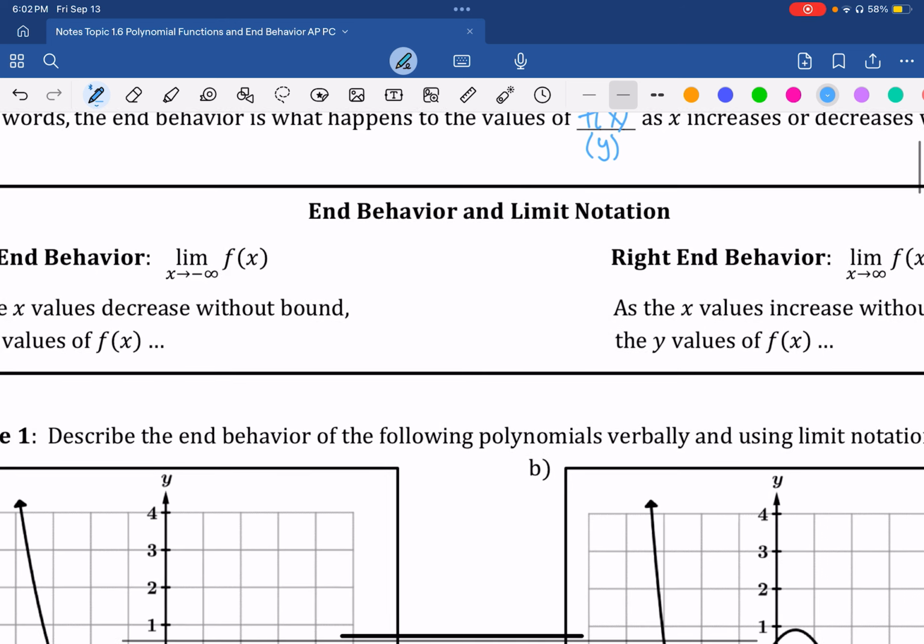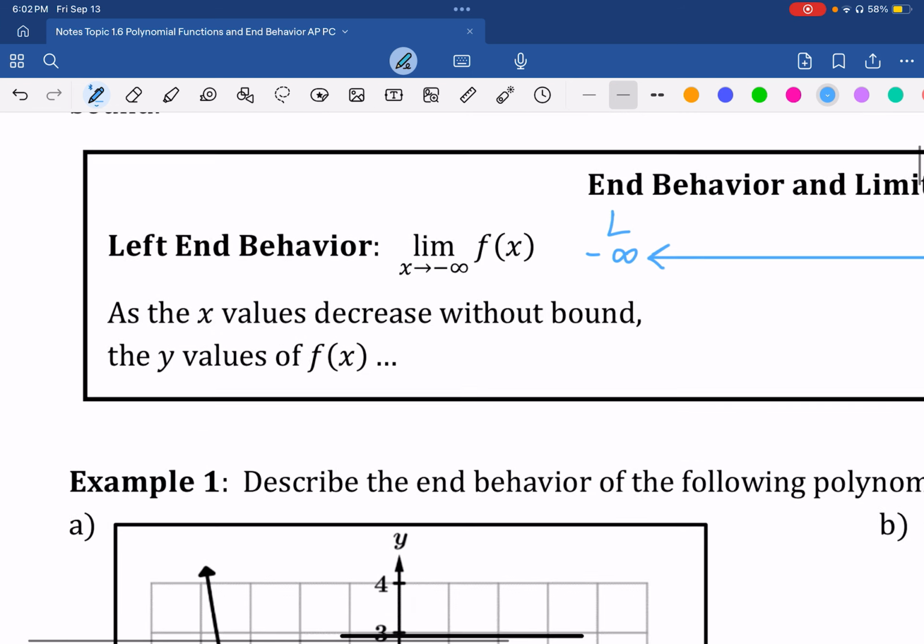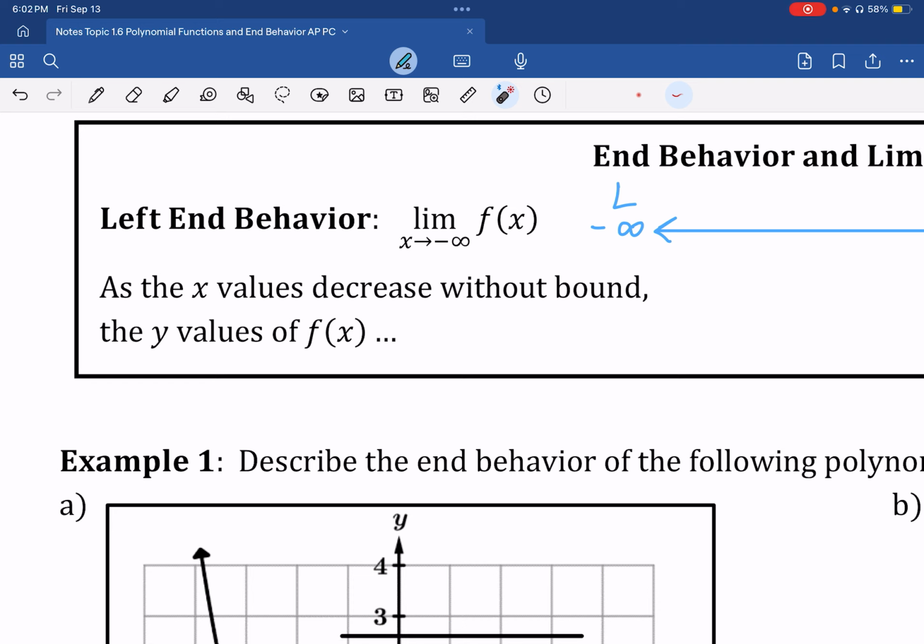Okay, so remember, if you think about the x-axis, all the way to the left, you have the negative numbers, and all the way to the right, you have the positive numbers. So to the left, you're going to be approaching negative infinity, and to the right, you're going to be approaching positive infinity. So if we look at the left end behavior, this is read as the limit of f of x as x approaches.